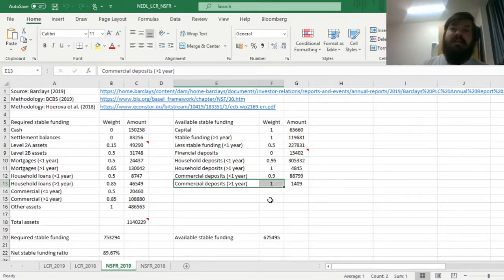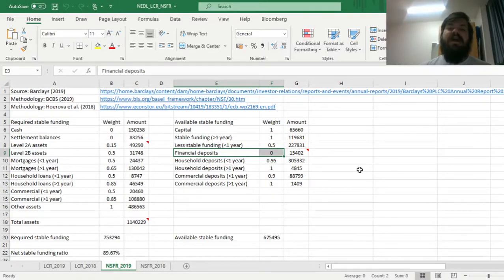Notably, and it's quite similar to the liquidity coverage ratio calculations, financial deposits, that are deposits from financial institutions and other banks in general, go there with a weight of 0. Deposits by financial institutions are not considered stable because those could be withdrawing their funds at any time to satisfy their own liquidity needs.